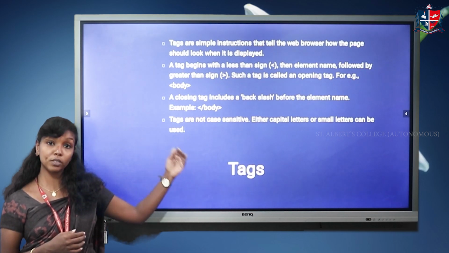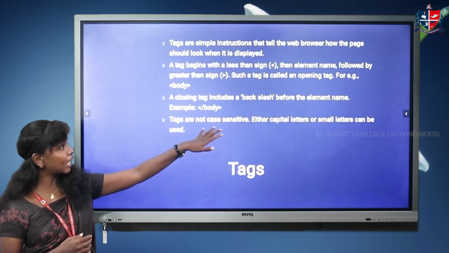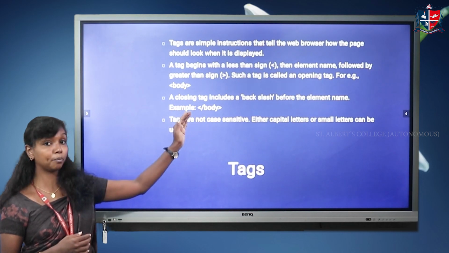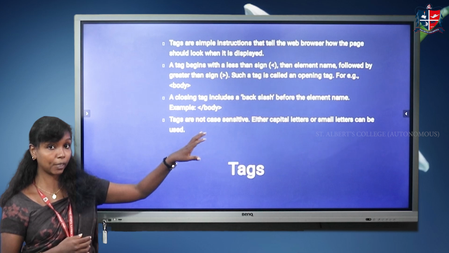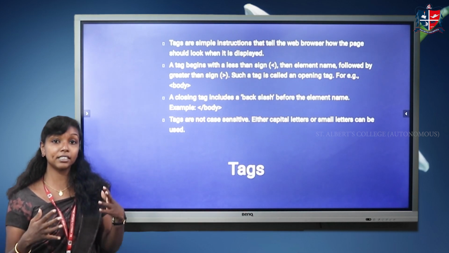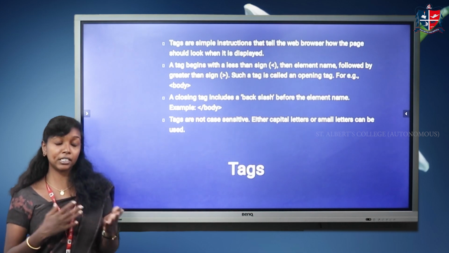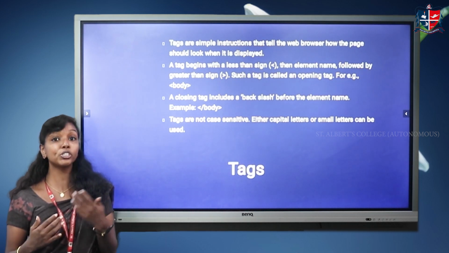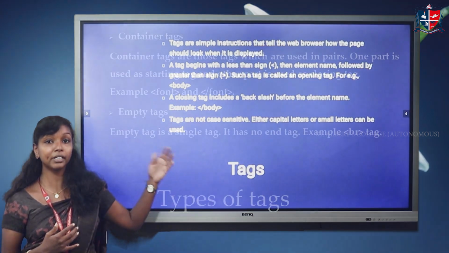In the case of a closing tag, there is a slash in front of the element name, which indicates the closing tag. Tags are not case sensitive. So we can create tags by using capital letters or small letters. It is not necessary to always use capital letters; we can use small letters in order to create the tags. So tags are the basic instruction that is used to create a web page.